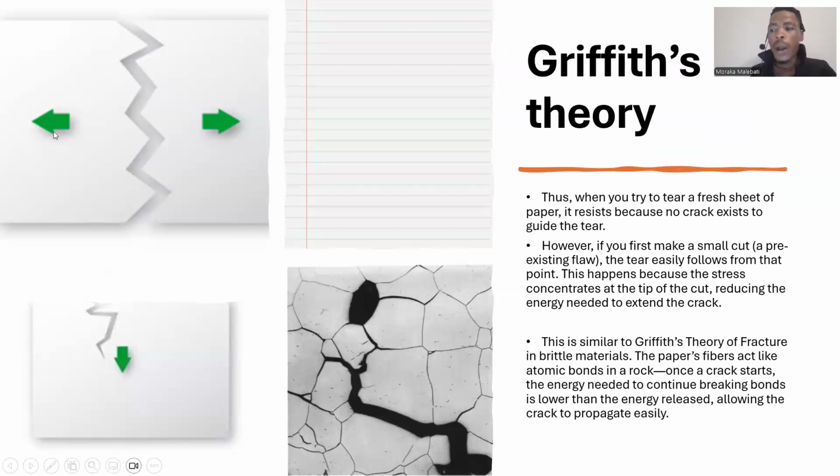Now, consider normal paper. If you try to stretch it this way and that way, it will be difficult to tear because there are no cracks in it. But if you make a small cut like this one here, the tear will now start to follow this micro crack.